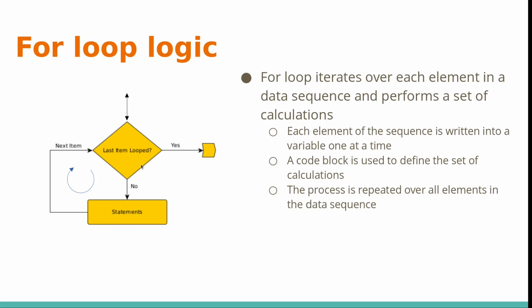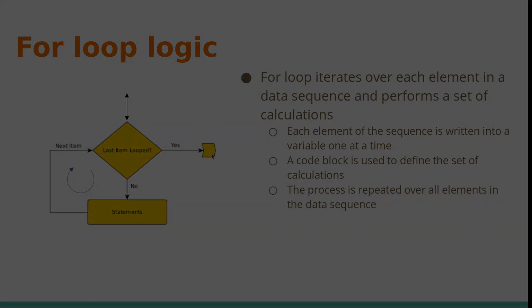If that's not the case, it'll pick the second element and subject it to the set of statements, go back, pick the third element, and so on and so forth. Once it has performed the necessary calculations on the last element, then when it comes back to check, it asks whether the last item is looped, and the answer comes out to be yes. So the for loop is exited and the program proceeds downwards to the statement that's right below the for loop.